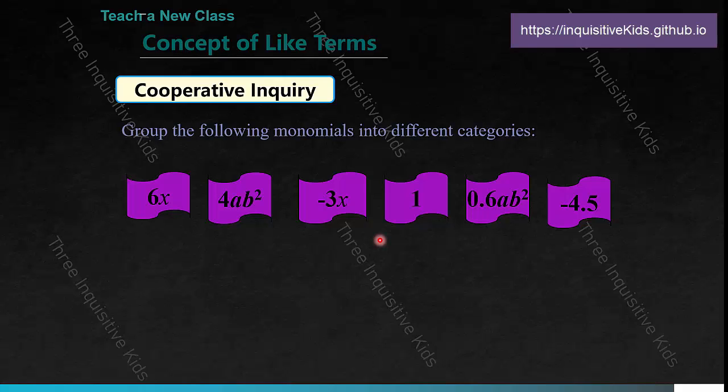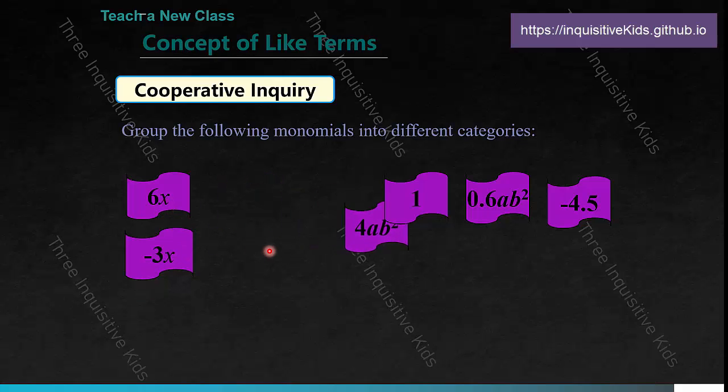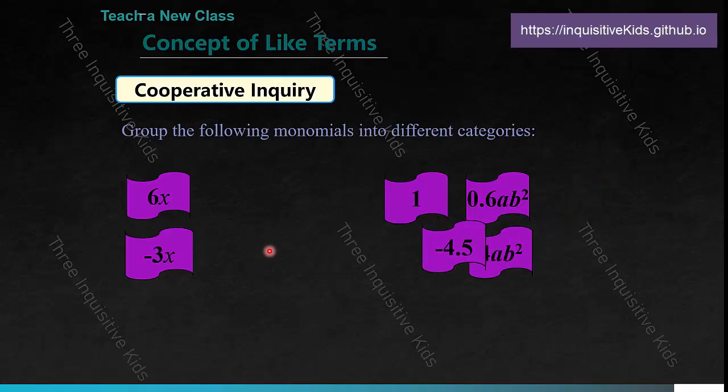How did you organize yours? Maybe you organized it like this: negative 3x and 6x together, 4ab squared and 0.6ab squared together, and 1 and negative 4.5 together. How did this person organize it? Why, and based on which attributes?